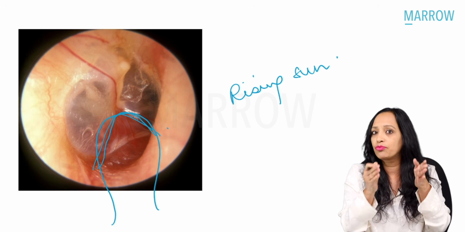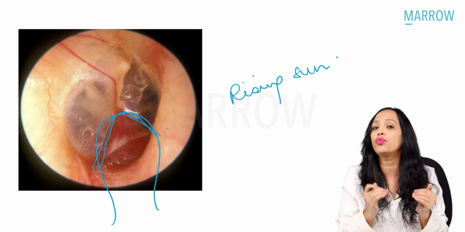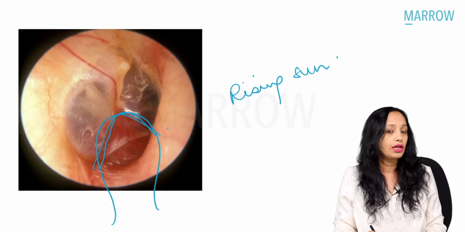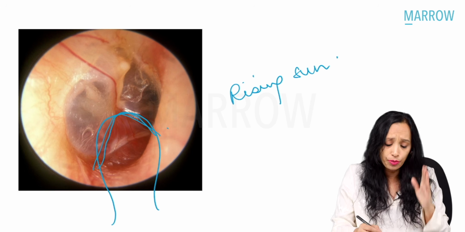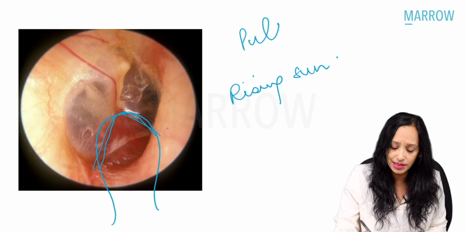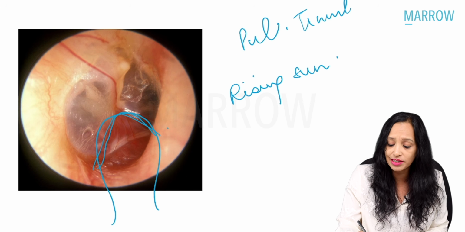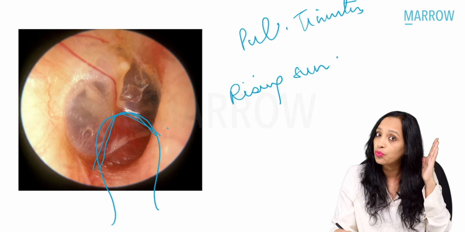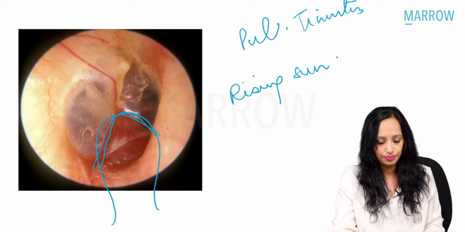Now you will tell me, if this is the image that is given, what will be the presenting feature? Pulsatile tinnitus. Without pulsatile tinnitus, you will never think of glomus, right? And always that presentation will be given in the question.